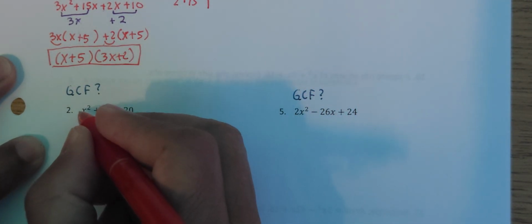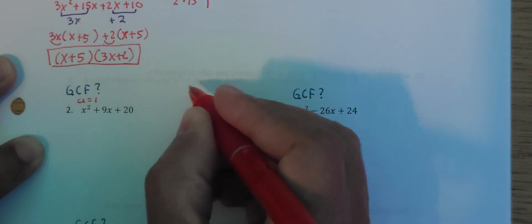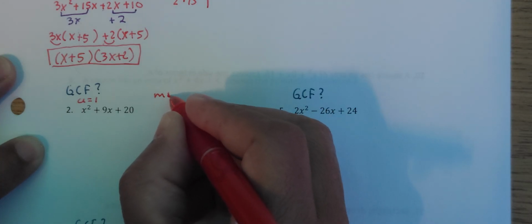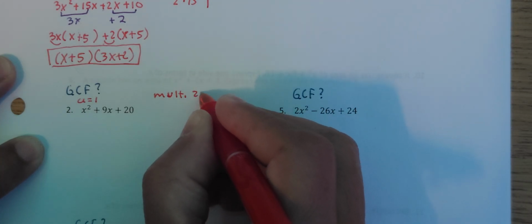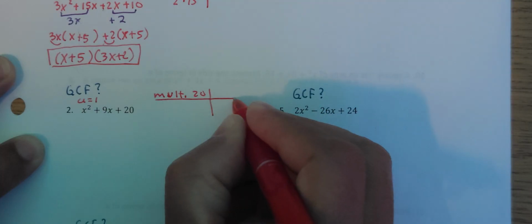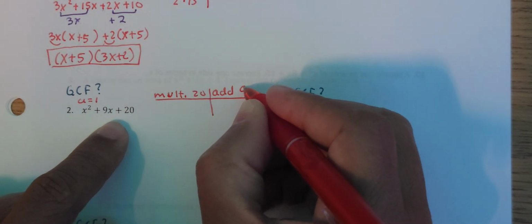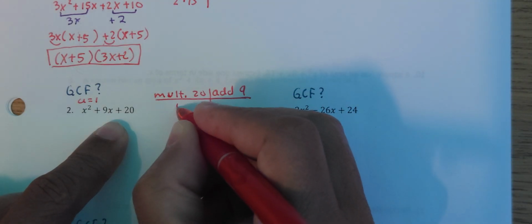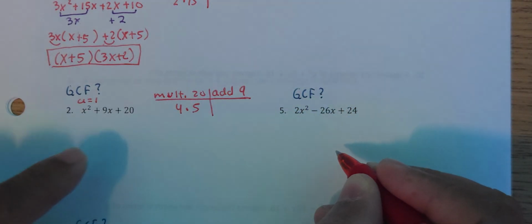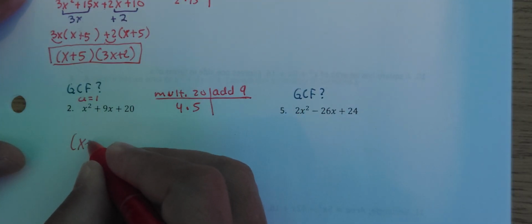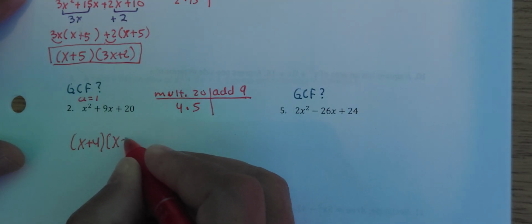So a equals 1, and multiples of 1 times 20, which is 20. Then I need multiples of 20 that add to 9, and the only multiples that do this are 4 times 5. So this quadratic factors as x plus 4 times x plus 5.